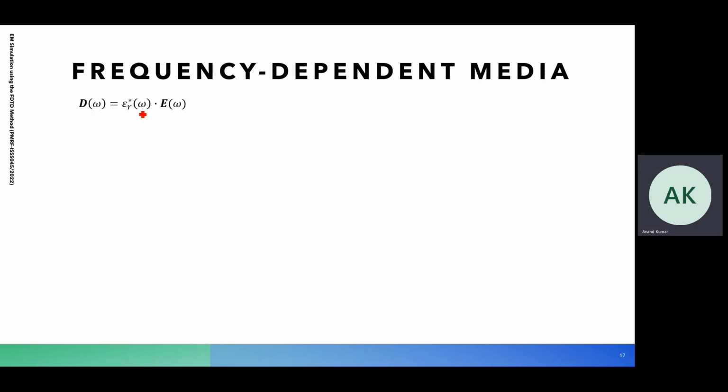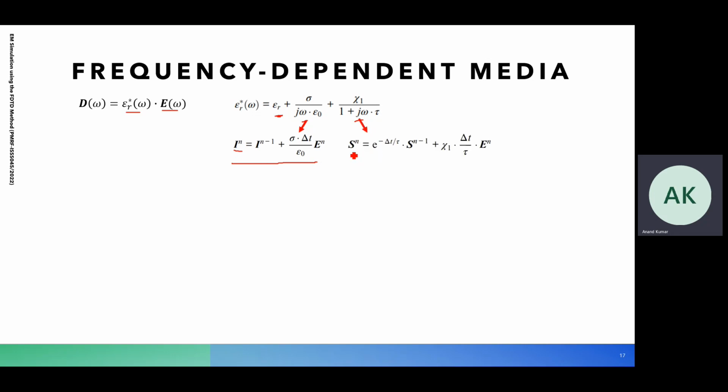The electric flux density is given by the permittivity times the electric field. For the Debye formulation, we saw that the permittivity is given by three terms. The first two terms were calculated using the formulation using flux density, and the third term was discussed in the previous slide. The first term is very simple. The second term is given by the recursive auxiliary variable In, and the third term is given by the recursive auxiliary variable Sn.